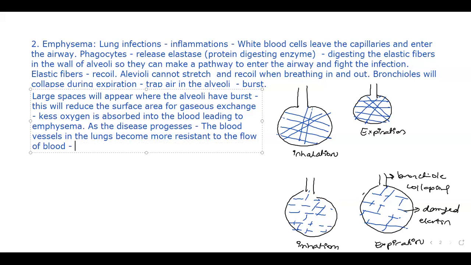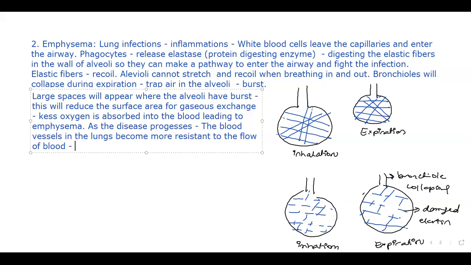But due to the action of phagocytes, because the phagocytes are constantly leaving the capillaries and producing all these enzymes, the resistance of blood flow has increased. The blood flow is slowing down. But we need good blood flow for the body to function properly. How can we increase the blood flow?